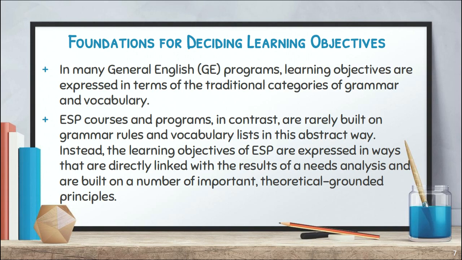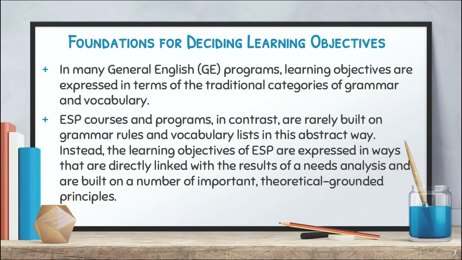So, basically, the learning objectives in GE are focused on the lesson and course goals that are built on concepts such as mastering the past, present, and future tenses, using the main modal and auxiliary verbs correctly, constructing simple, complex, and compound sentence patterns, expressing ideas in the active and passive voice, and other grammar and vocabulary lessons.